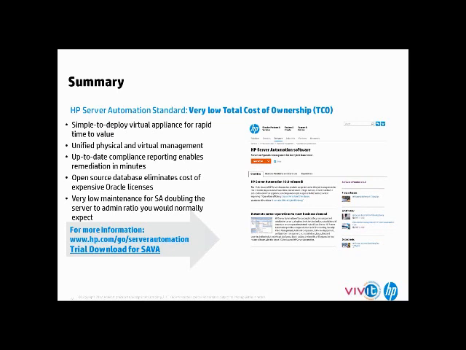It can help you to keep your compliance in the server farm, and it needs very low maintenance cost, both in terms of time and money. And let me just give you one hint: the cost of the standard edition of SAVA is just about half of what the enterprise edition may cost you. So that's the beauty of this product. This is the power of this product.